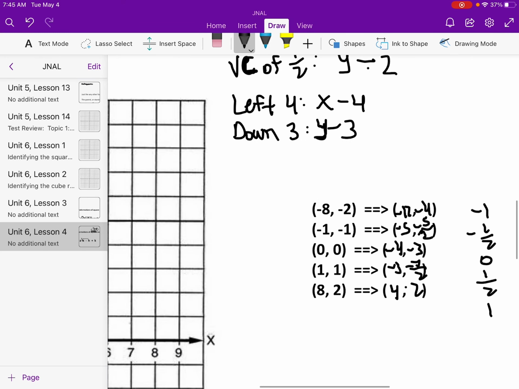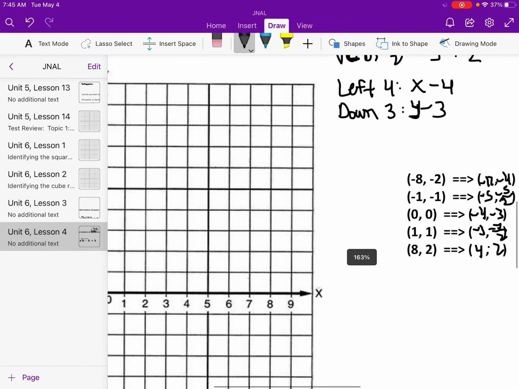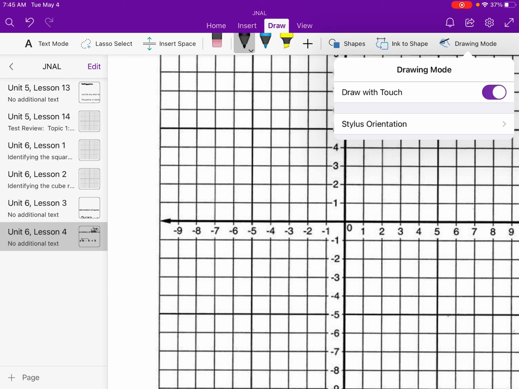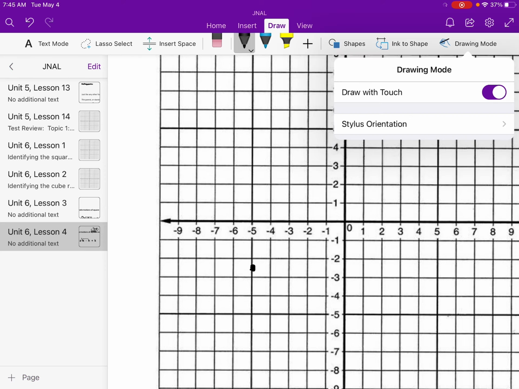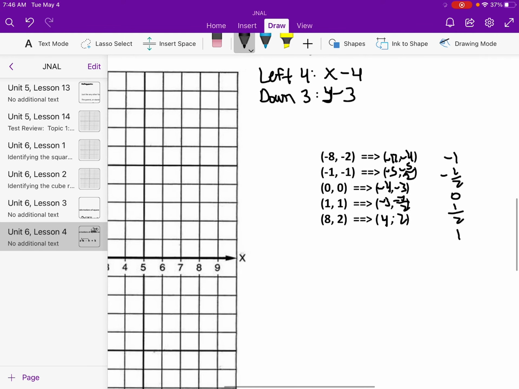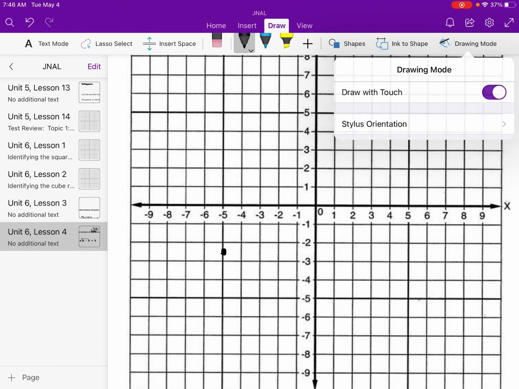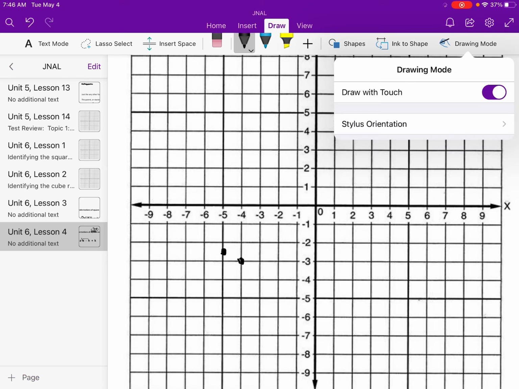So we can't do the first one, negative 12, negative 4. But we can do negative 5, negative 5/2, which really means 2.5. That would be right here. That's one point. Then we have negative 4, negative 3. Three of the points that you graph you'll find are really close.